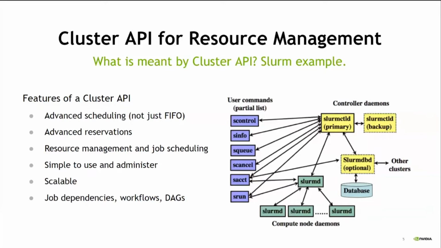Admins also have control over policies, and they might incorporate priorities, saying some particular project or users need to have priority on a given day for the resources. But when it's not used, you can let others use it. So you have advanced scheduling and all sorts of approaches to manage your resources. In this case, what I'm showing here is a Slurm example, which is what we will be using with DeepOps as I go through this presentation.